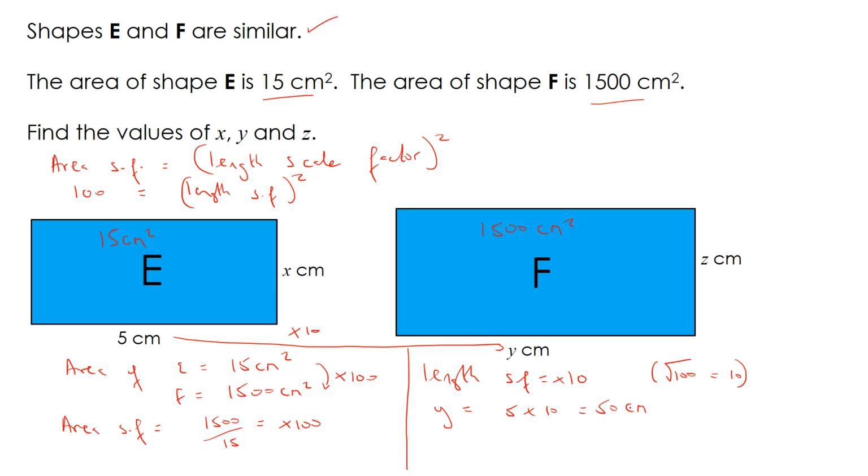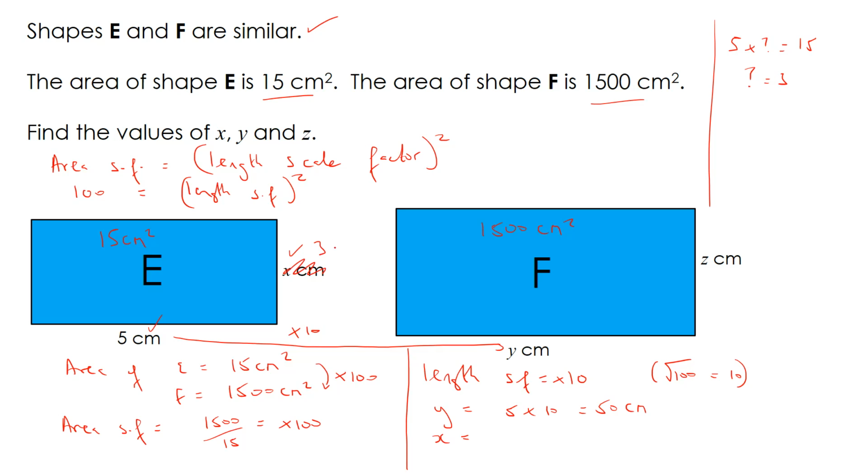And if I want to find x, I know the area is 15 cm squared. So 5 times something must be 15, because the area of a rectangle is length times width. Sorry, a bit of a mess here, guys. So I think that the question mark must be equal to 3.